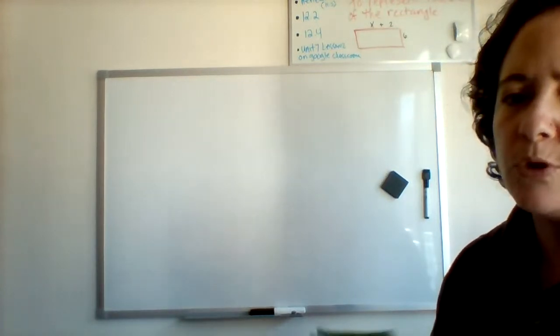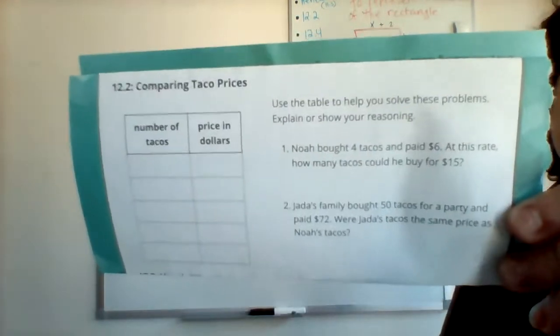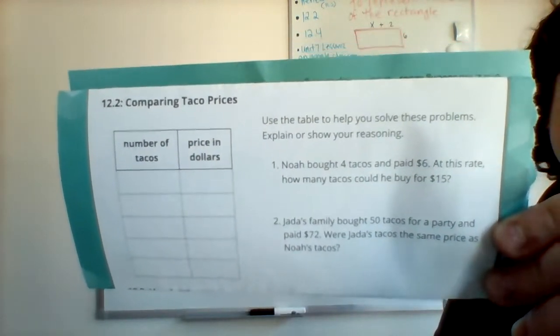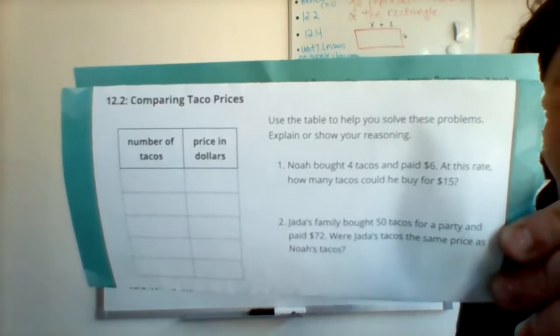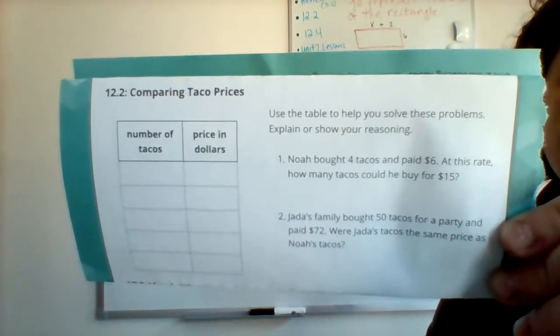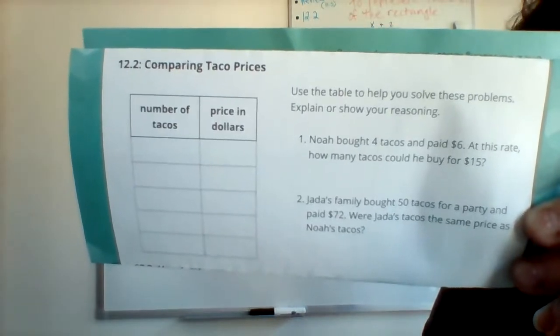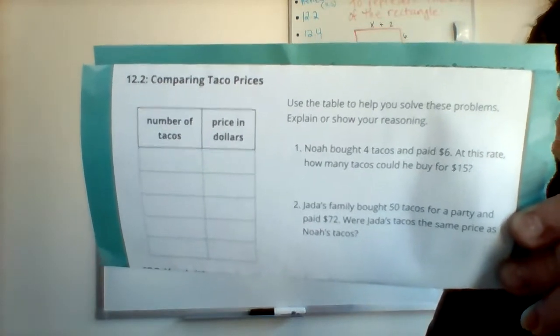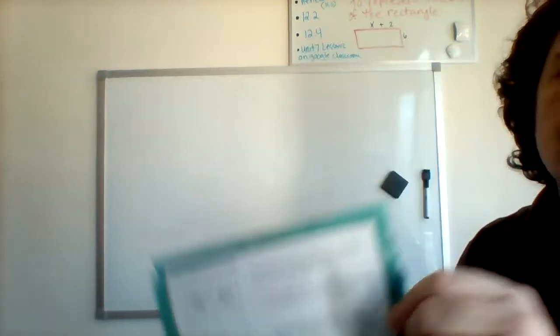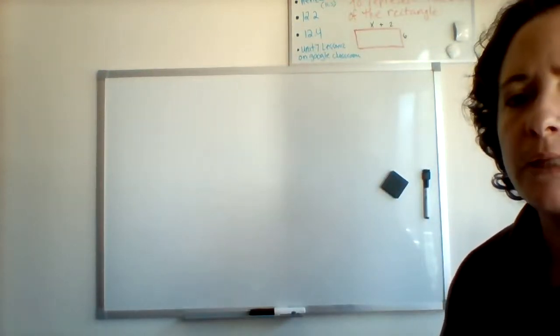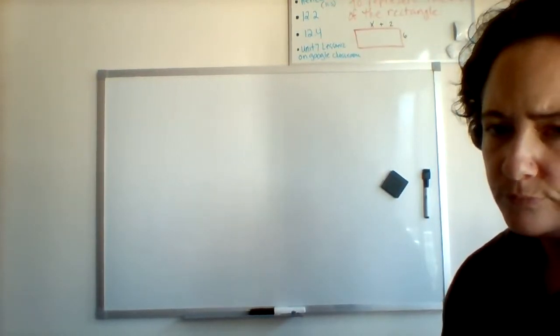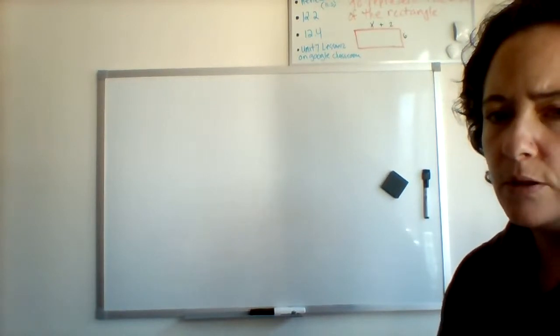What's wrong, Taylor? We're on 12.2, dear. The only thing, we're doing 12.2 today and 12.4. I'm not going to skip anything that's in my plan. If there's anything in the book that you'd like to see answers for, just let me know, and then I'll show those to you. Brian does, okay.